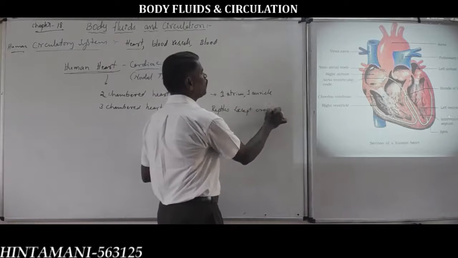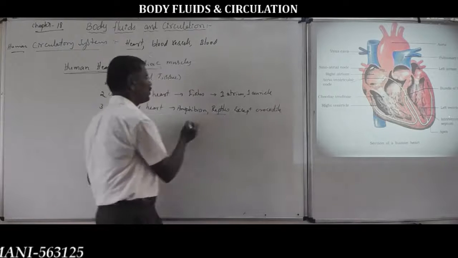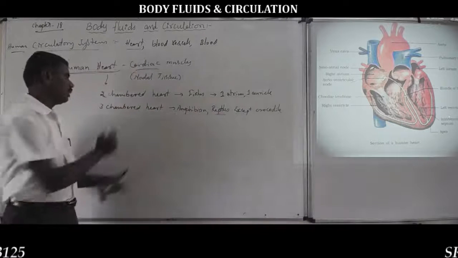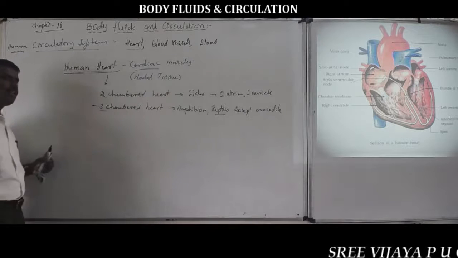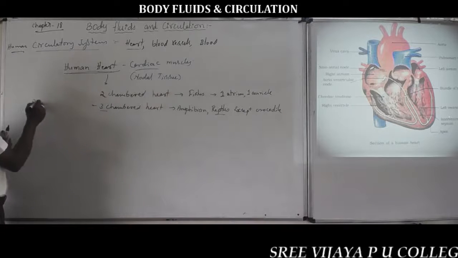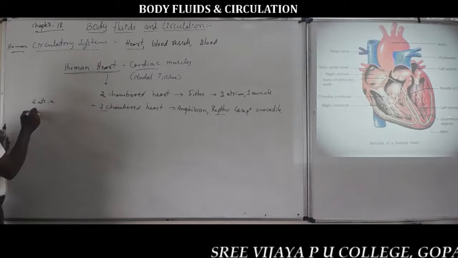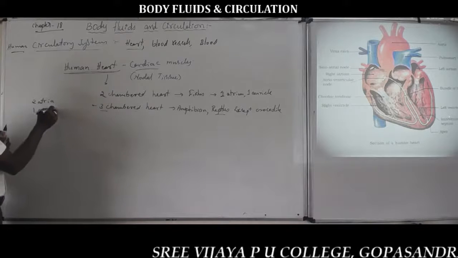So except crocodile, of the reptiles and all amphibians possess a three-chambered heart. In this three-chambered heart there are two atria and one auricle.